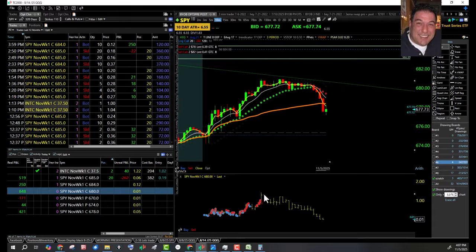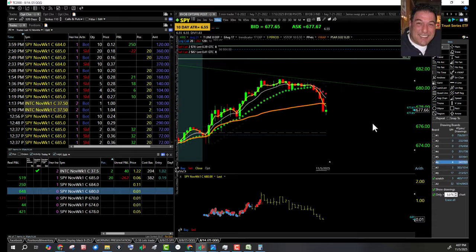See how it goes up and pulls all the way back to worthless, 1 penny, right back here, because there's no intrinsic value left because the strike price is 680 and we're under 680. So that's the nature of the product that I trade, and there's a reason for that. Again, these are 0 DTE 680s.